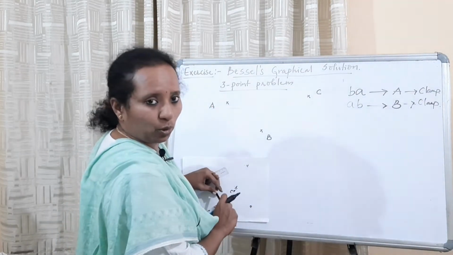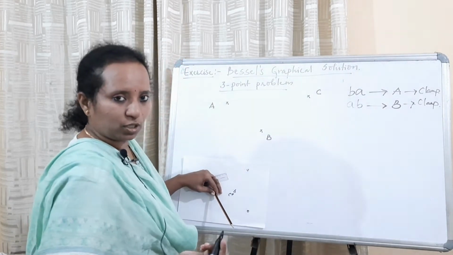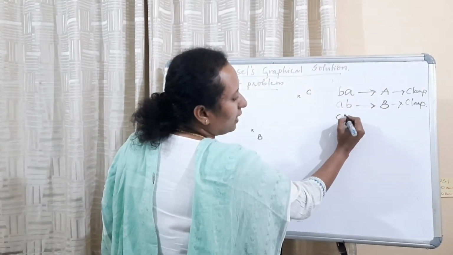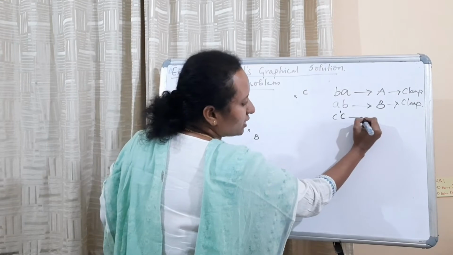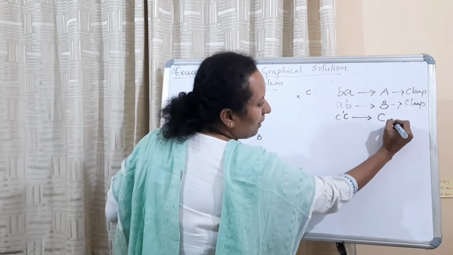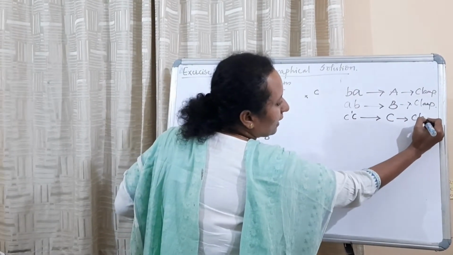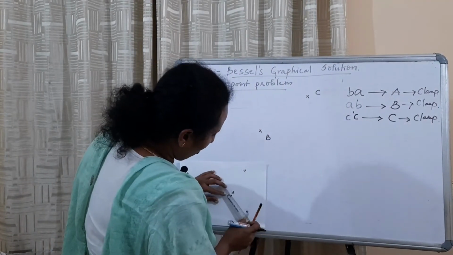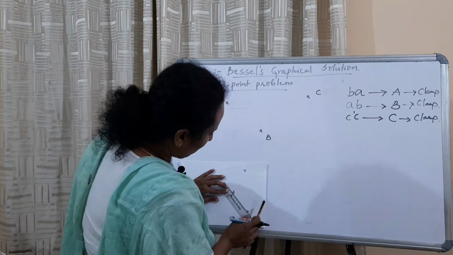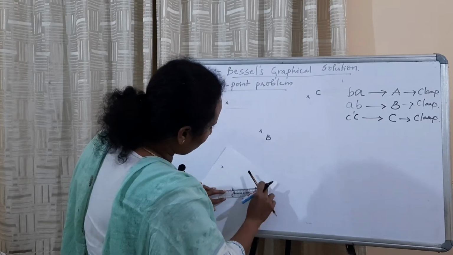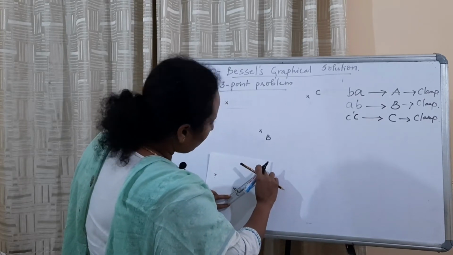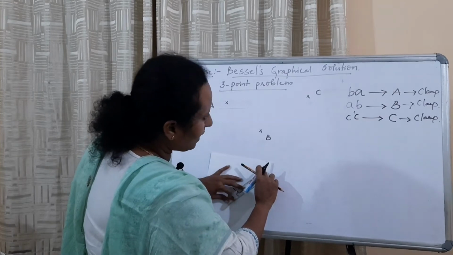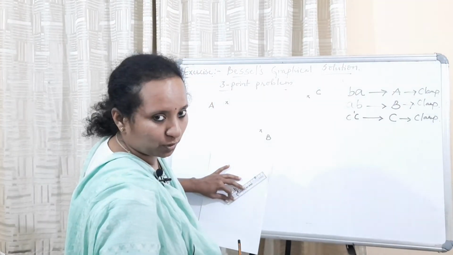After locating point C dash, unclamp the drawing board. Now keep the alidade on C dash C and cite capital C, and then clamp the drawing board. That is, keep the alidade on C dash C, rotate the drawing board until you cite point C. The moment you cite point C, clamp the drawing board.